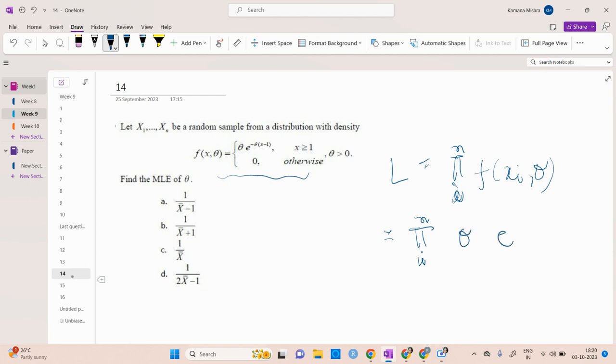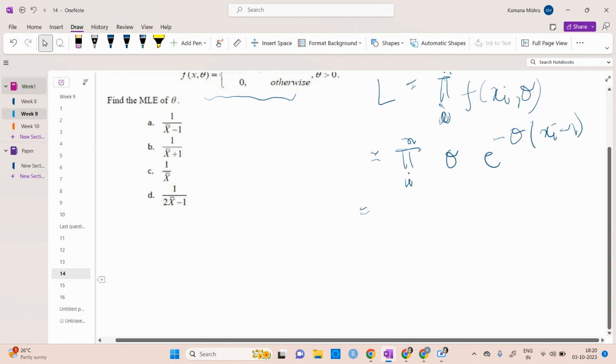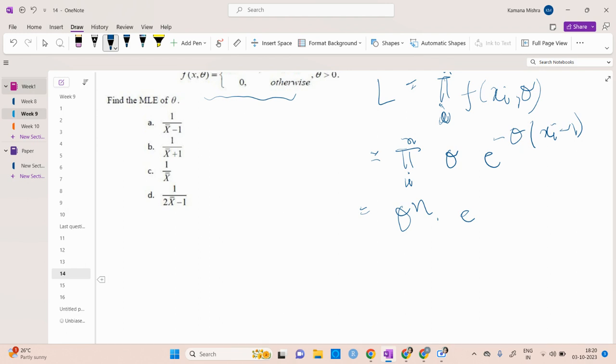So theta e to the power minus theta (xi minus 1). Now theta in multiplication will be theta to the power n, and e to the power in multiplication will automatically become a summation. So it will be minus summation theta (xi minus 1). So this is our L.